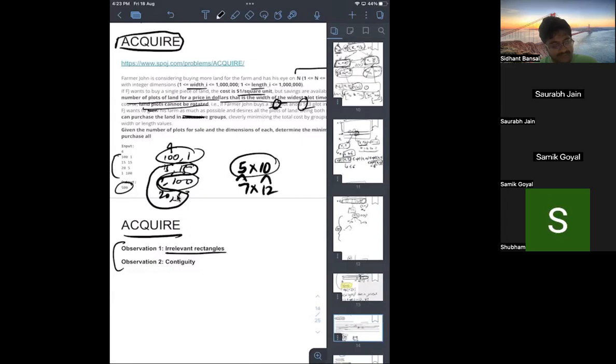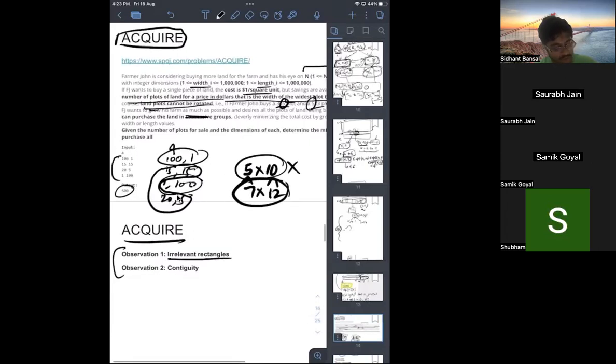In this case, the 5 cross 10 rectangle is redundant because in whichever subset you put the 7 cross 12 rectangle, just put the 5 cross 10 rectangle there and you'll get it for free. It will neither contribute to the maximum width because 7 is larger than 5, nor to the maximum length because 12 is larger than 10. So all the rectangles whose width and length are both superseded by some other rectangle are irrelevant.